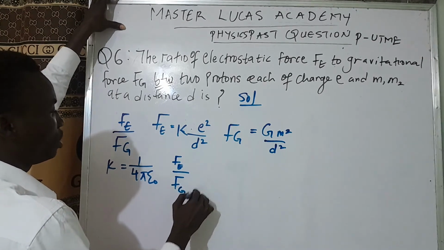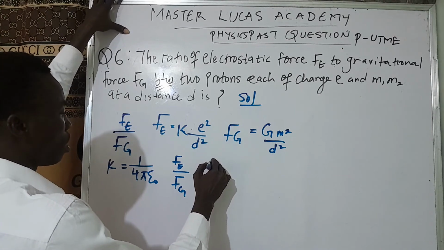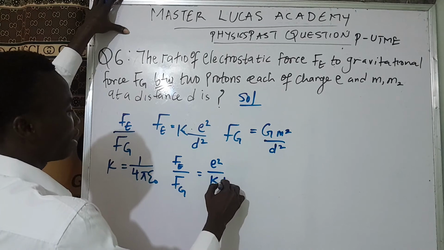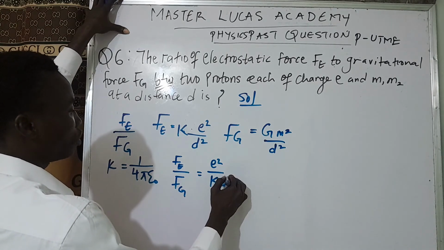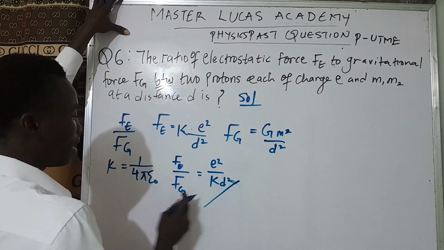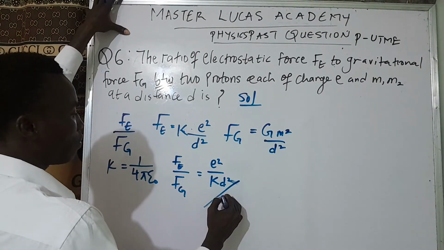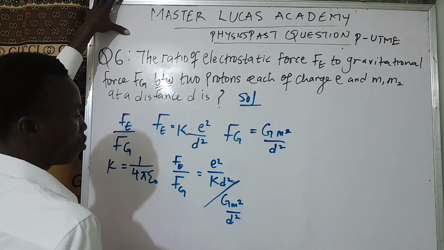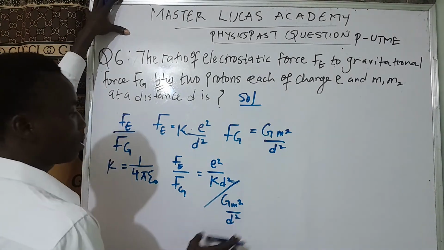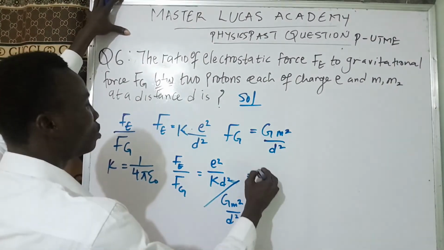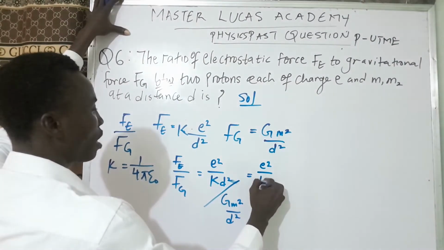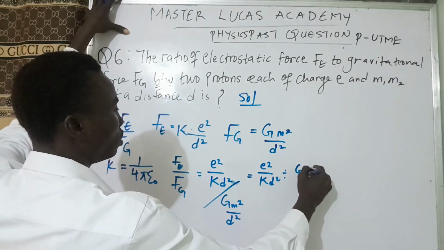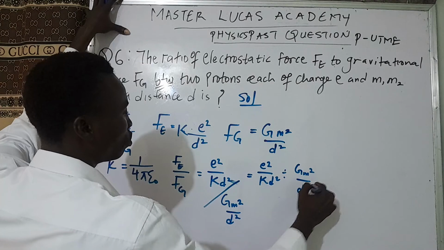Since it is Fe over Fg, that is equivalent to e squared over k d squared, divided by G m squared over d squared. So what next? The mathematics of the two now will be e squared over k d squared divided by G m squared over d squared.